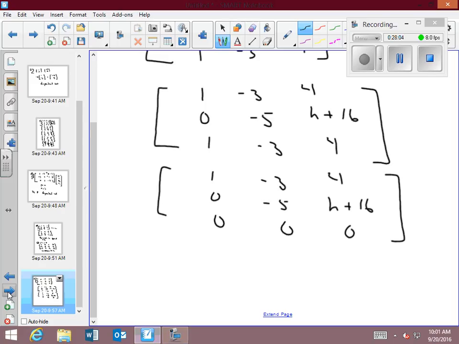Okay. So it does not make any difference what value h has. You're going to have a free variable x3, and it's always going to be dependent.